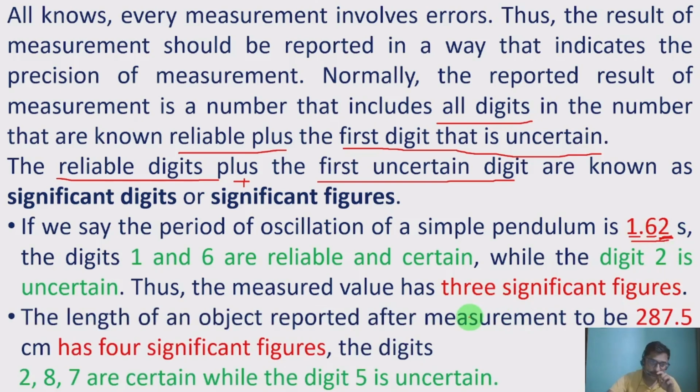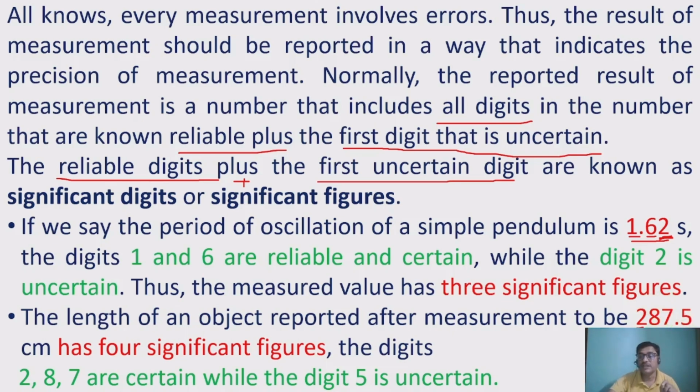Another example: the length of an object reported after measurement to be 287.5 centimeter. Here, the three digits 2, 8, 7 are reliable and certain digits, and the 5 after the decimal point is the first uncertain digit.